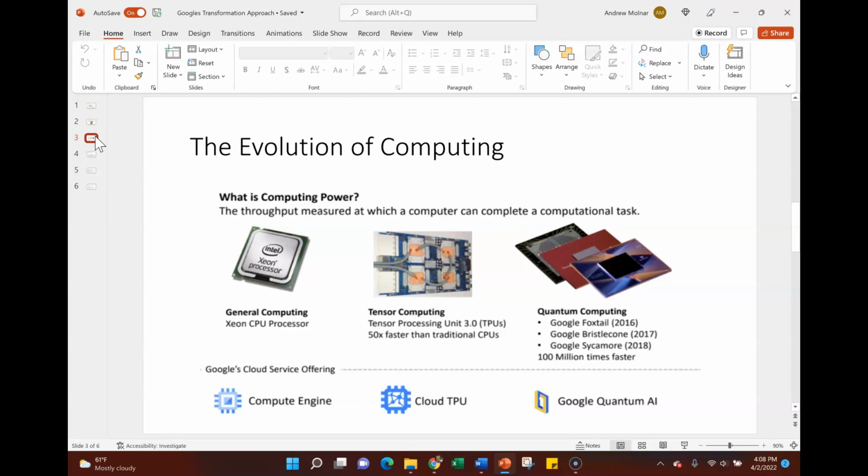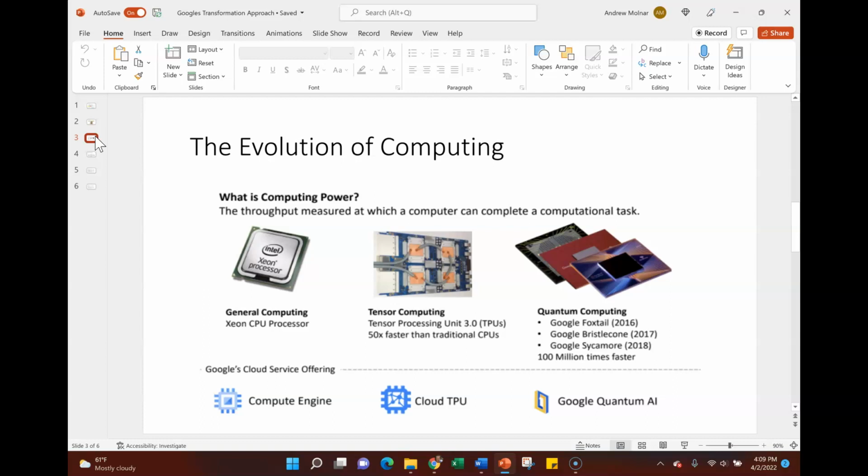So an example might be tensor computing. Google created their own machine learning framework called TensorFlow, and it has a new type of data structure that's also called tensor, which is specifically optimized for neural networks.